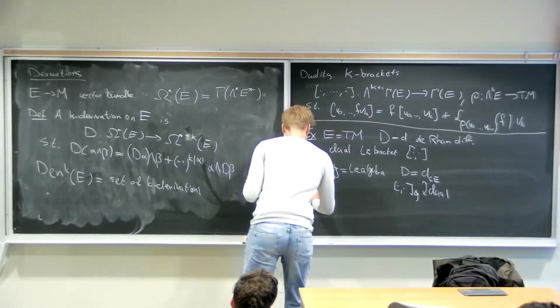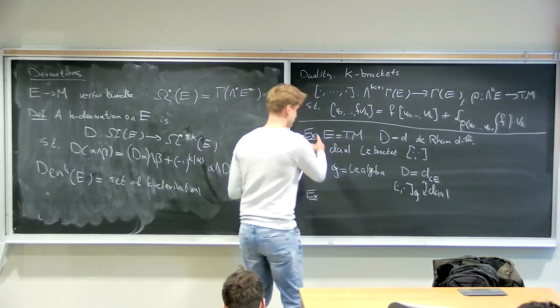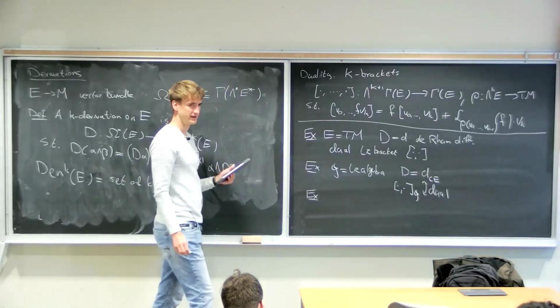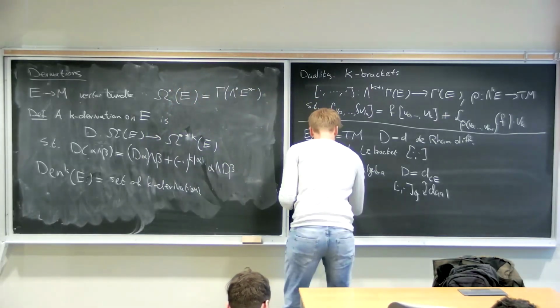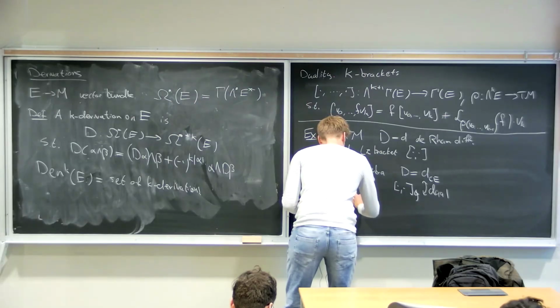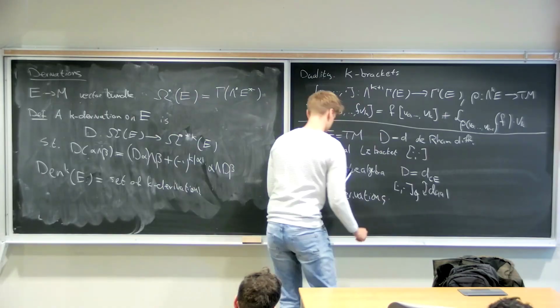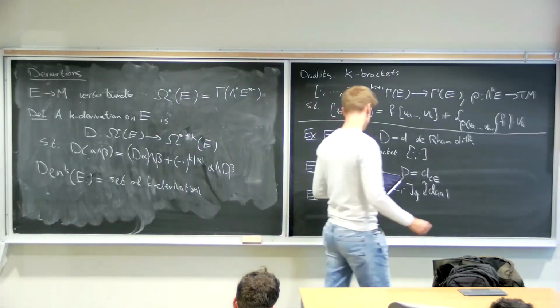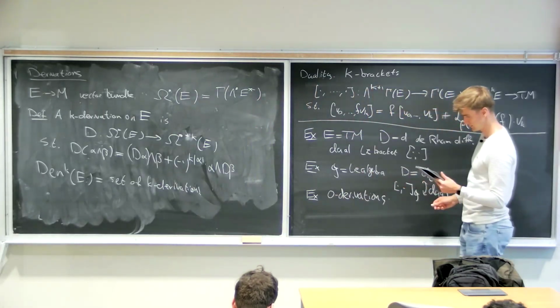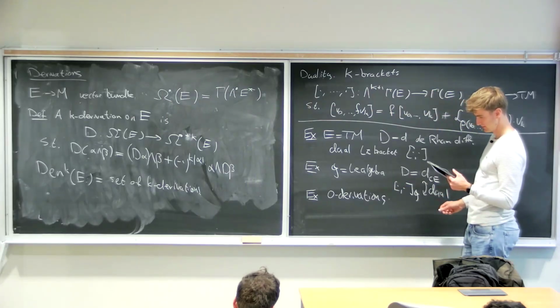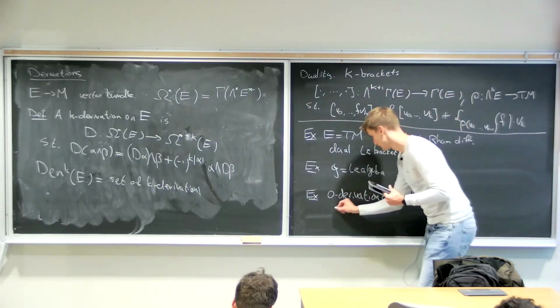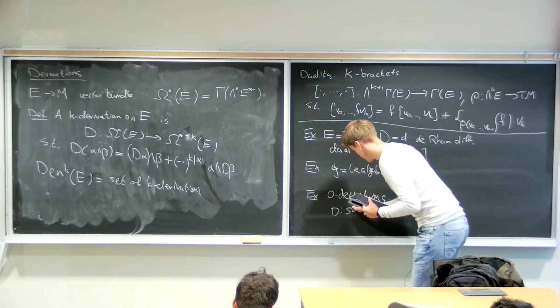Maybe another example that's not of degree 1, because these are two degree 1 examples, is 0-derivations on a vector bundle. In this case, we have a derivation d that doesn't change the degree.